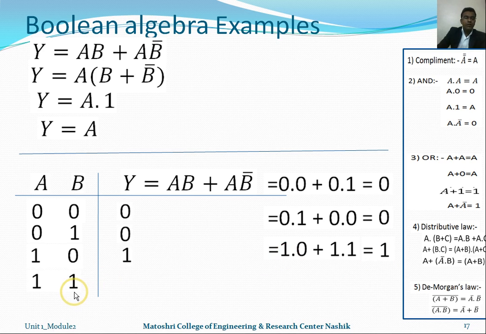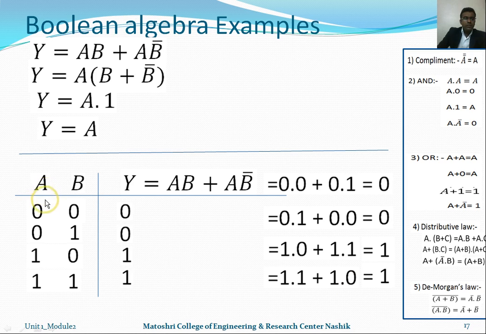And the last possibility for the two inputs is both inputs are 1, and we put these in the Boolean algebra expression. So we get 1 ANDed with 1 OR 1 ANDed with 0, so the output is 1.